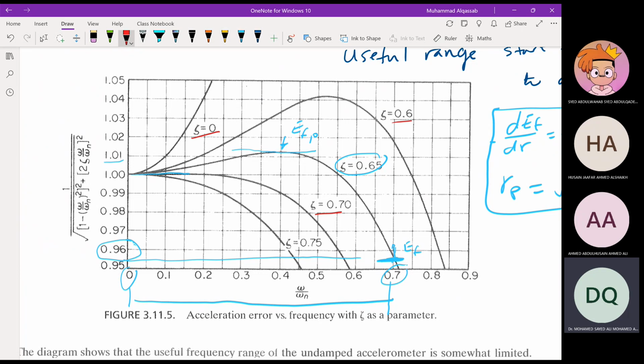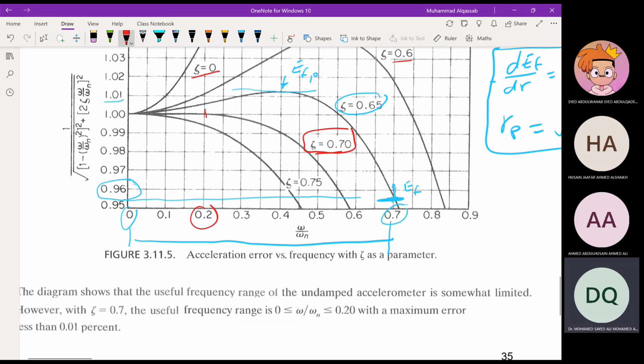The best one, which can give you a bigger range, is zeta equal to 0.7. As you can see, it is almost flat up to 0.2, almost straight and flat for zeta equal to 0.7, which means that the maximum error within this range from 0 to 0.2 is going to occur at 0.2.